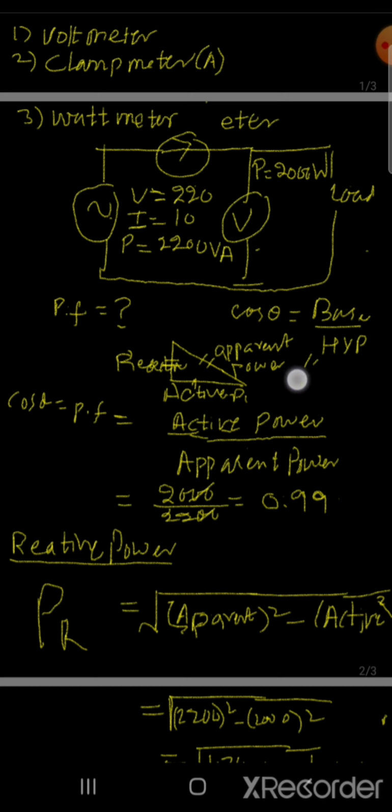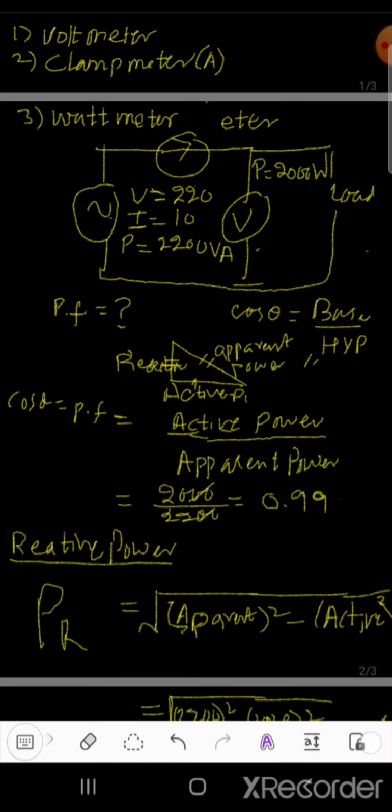The active power is 2000 watt, divided by the apparent power, which is measured using a voltmeter and ammeter, with the voltmeter connected in parallel and the ammeter in series with the load, and this is 2200. So 2000 divided by 2200 is 0.99 power factor, which is in fact a good power factor.